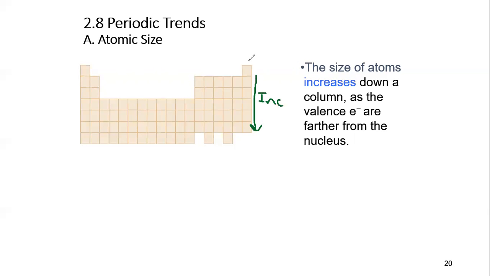And as you go from right to left, it increases. So for example, fluorine and neon are very small, but francium and rubidium are very large, kind of like the opposite ends of the size.